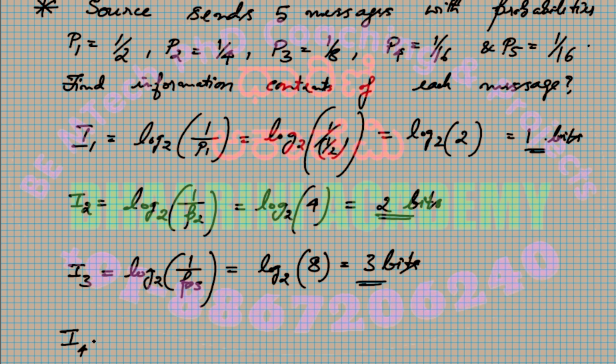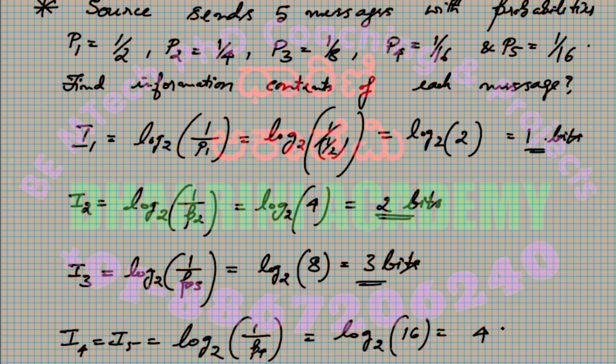So I4 and I5 are going to have the same answer. That is log to the base 2 of 1 divided by P4, equal to P5. Both are the same. So that will be log to the base 2 of 16, which is 4 bits of information.